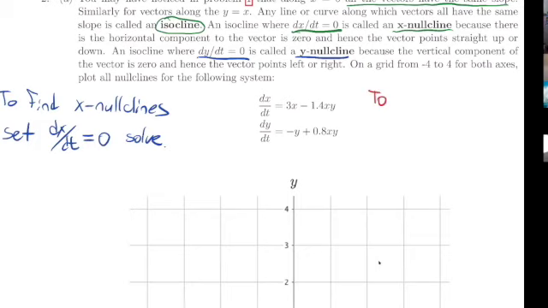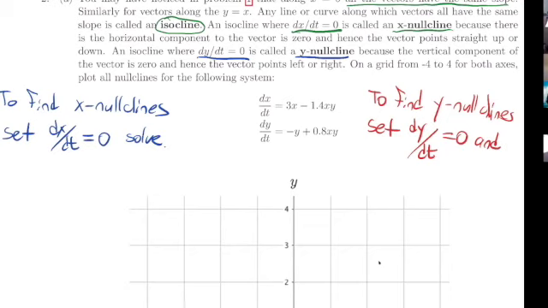And to find y nullclines, we set dy/dt equal to 0 and solve. And in these cases, you shouldn't expect to find one unique solution, but rather an entire line of solutions, usually. And we might have more than one nullcline. Any questions?